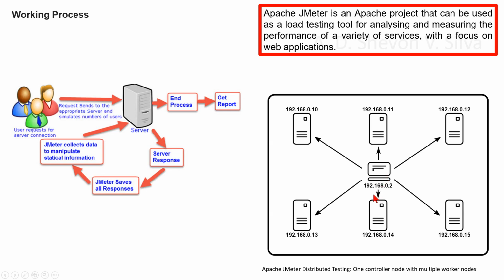Here the 192.168.0.2 is connected to 192.168.0.10 and 192.168.0.11 and 192.168.0.12 and 192.168.0.15 and 192.168.0.14 and 192.168.0.13.